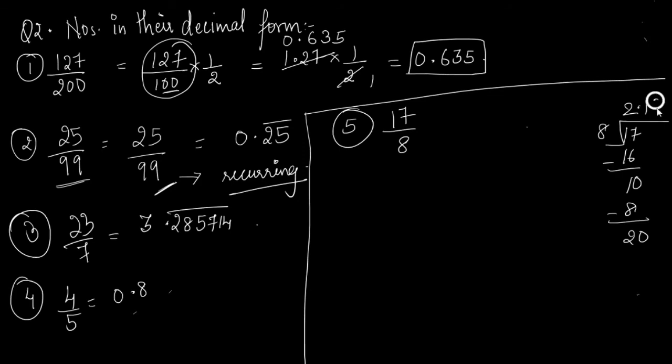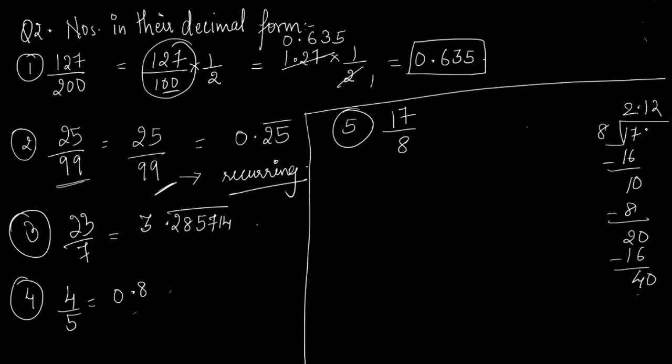So, you have 8 2s are 16. 40 and here 8 5s are 40. So your answer over here is again a terminating number. Sorry, it is 2.125. So this is your answer over here. I hope this is understood. Let's move to question number 3.